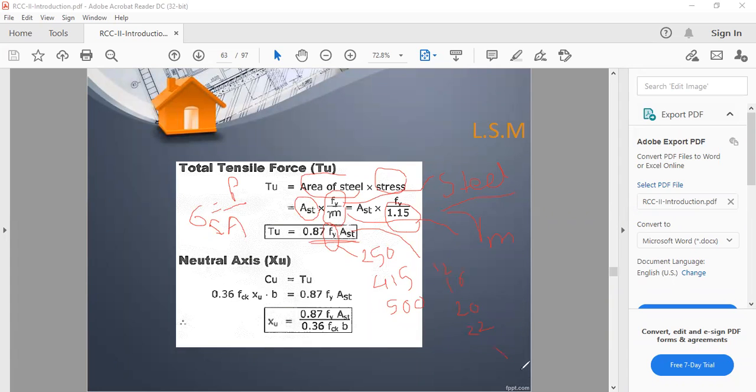So there are many options. The tensile force totally depends upon which grade of steel you are going to provide in the concrete tension zone. Sometimes you even have to provide it in the compression zone also.